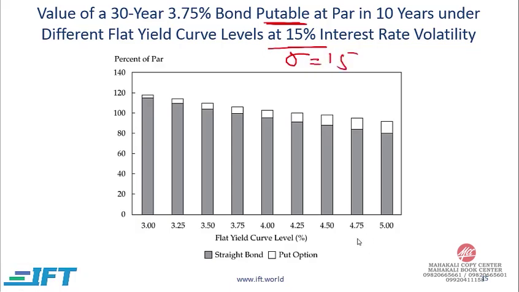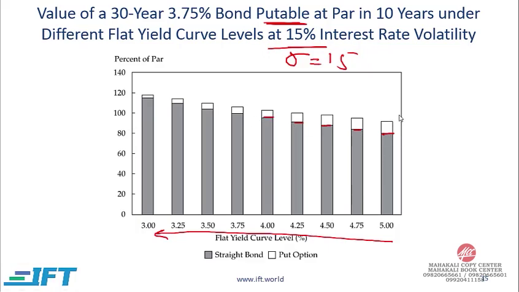Here the shaded portion represents the value of a straight bond, and as we've discussed before, with interest rates going down, the value of the straight bond obviously goes up.